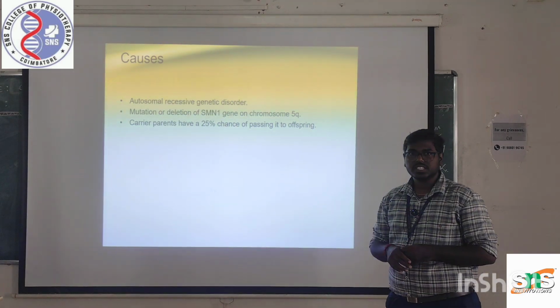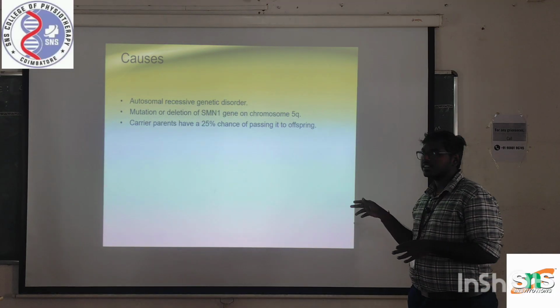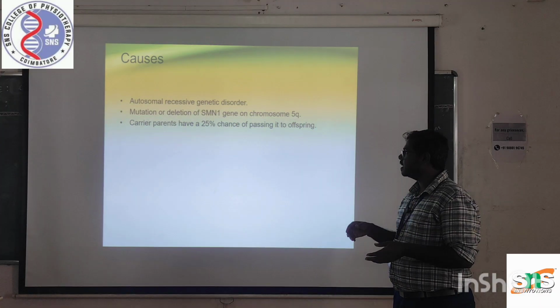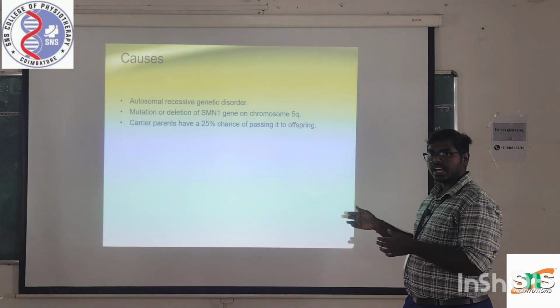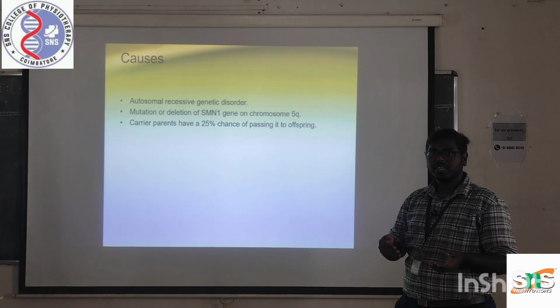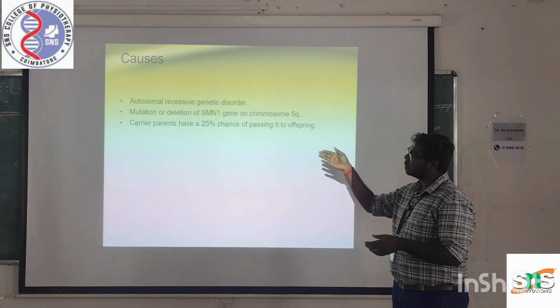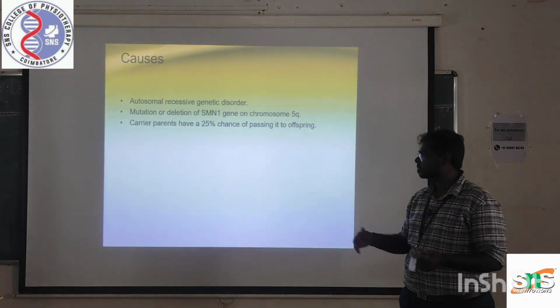The cause is an autosomal recessive genetic disorder, caused by the mutation or deletion of the SMN1 gene, and it is genetically carried from the parents, grandparents and so on. Carrier parents have a 25% chance of passing it to their offspring.